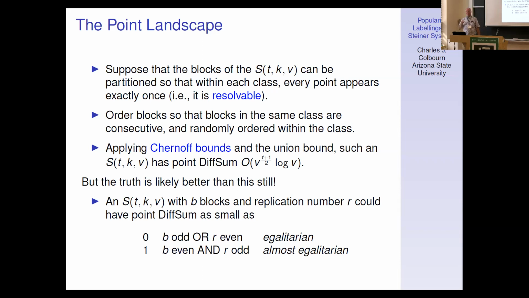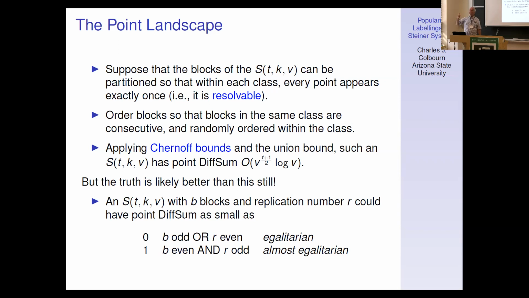So in other words, an STKV with B blocks and replication R could have point diff sum as small as 0. Now we know from the conditions we calculated earlier that that can only happen if either the number of blocks is odd or the replication number is even. So I'm going to give those things a special name, egalitarian. And if you say, show me an egalitarian system, I'm going to say, I already did.